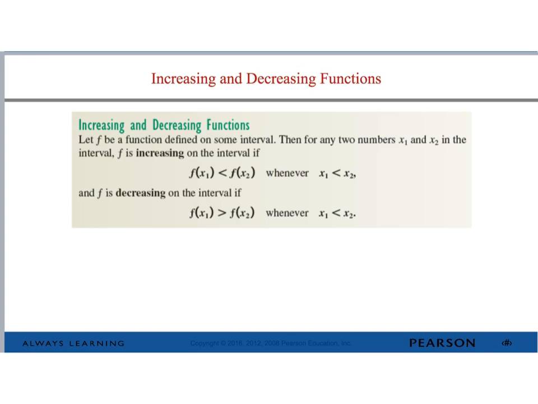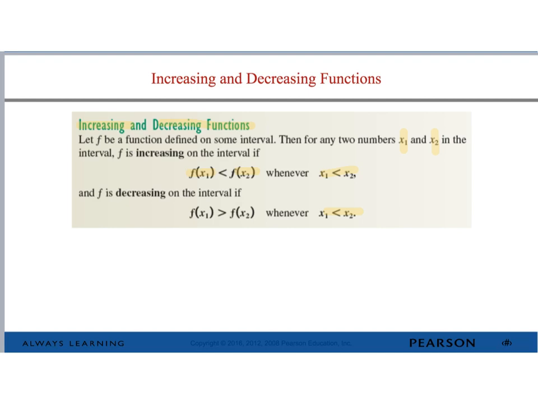So this is the mathematical definition of what it means to be increasing and decreasing. If f is a function defined on some interval, and for any two numbers where x sub 1 is smaller than x sub 2, as you move from f of x sub 1 to f of x sub 2, the function is increasing if the smaller x value produces a smaller function value than the larger x value does.